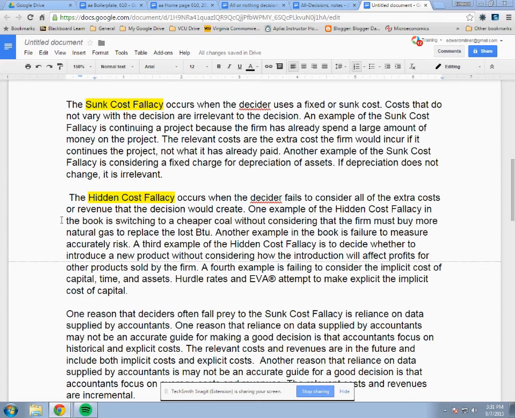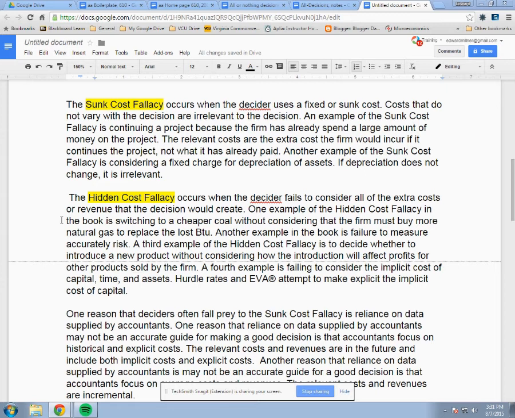The hidden cost fallacy occurs when the decider fails to consider all of the extra cost or revenue that the decision would create. One example of the hidden cost fallacy in the book is switching to a cheaper coal without considering that the firm must buy more natural gas to replace the lost BTU. Another example in the book is failure to consider or to measure accurately risk.